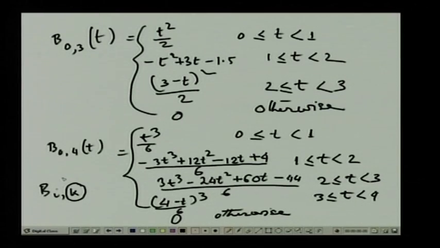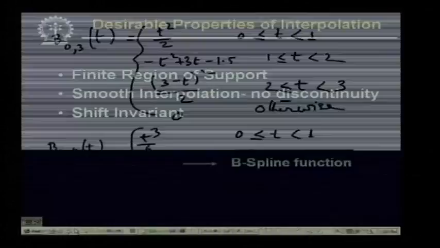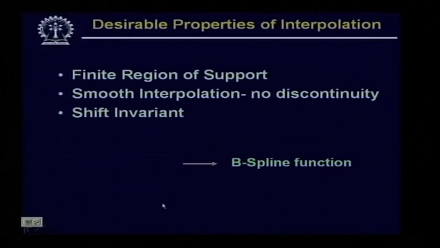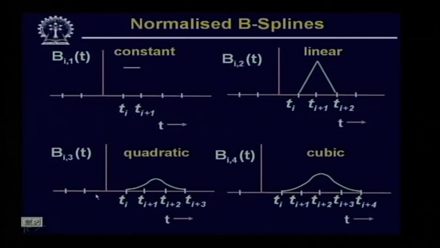After giving these equations, let us see the nature of these B-spline functions. B_{i,1}(t) will be equal to a constant, and it will be equal to 1 between i and i+1.